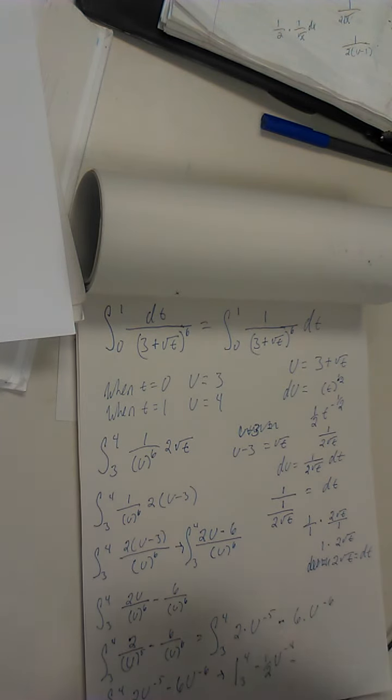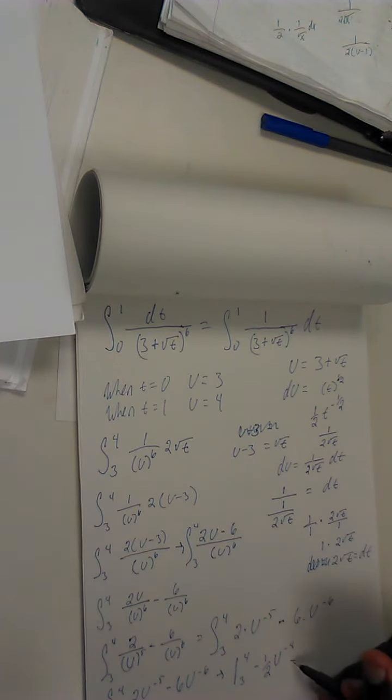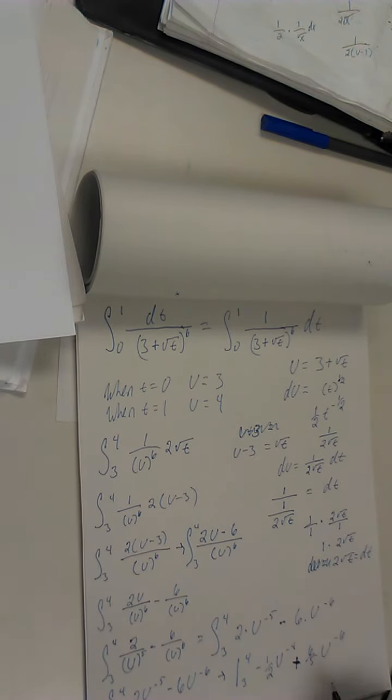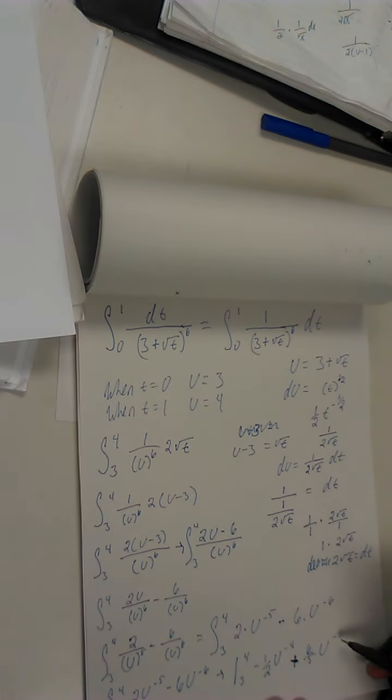So we're looking at negative 1/5 times negative 6, which is 6/5, plus 6/5 u to the negative 5. I'm sorry, this should be a negative 5.